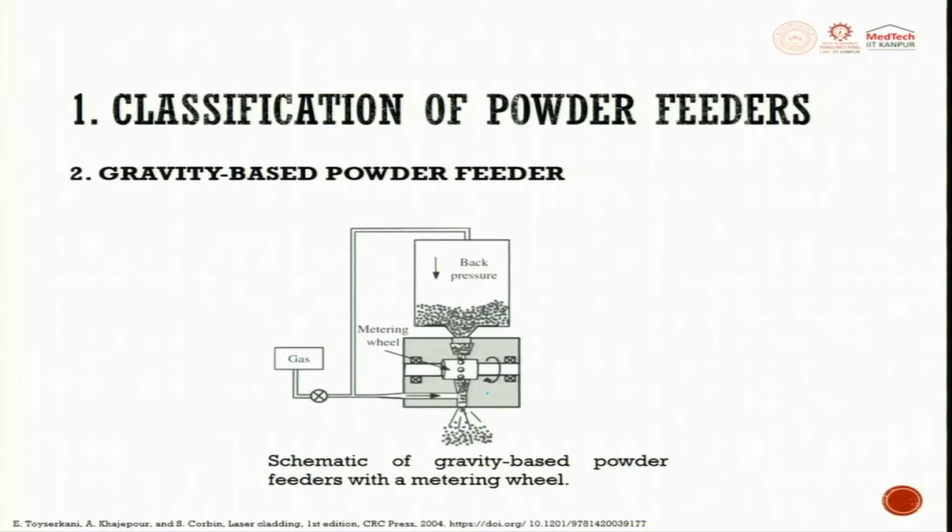So, this is another schematic diagram of a gravity based powder feeder with a metering wheel. You can have something like this. You have the gas, and generally we try to use inert gas, which goes inside a hopper where it creates a back pressure.